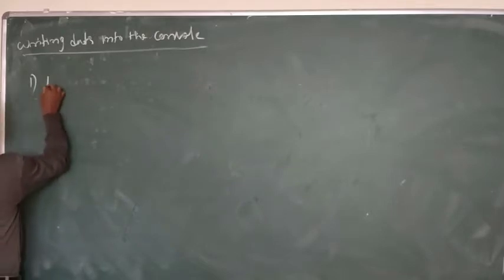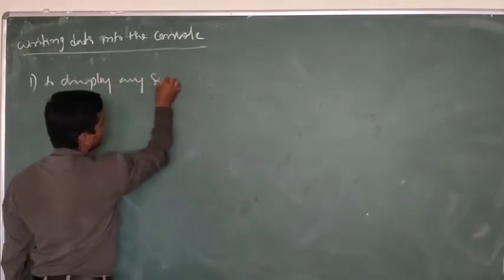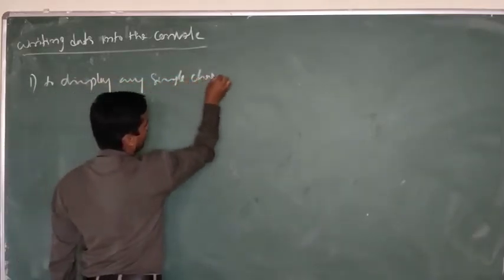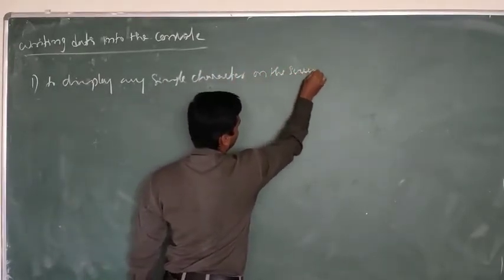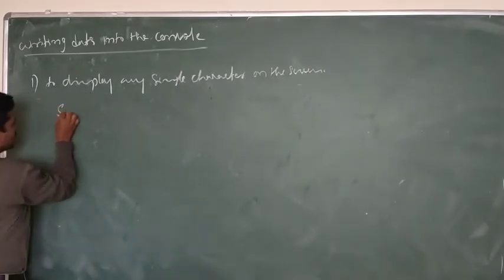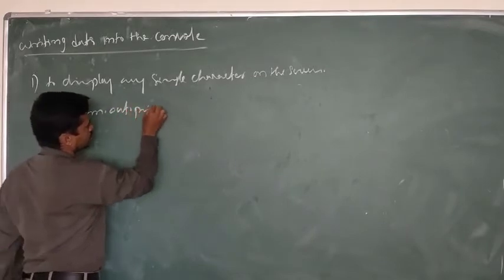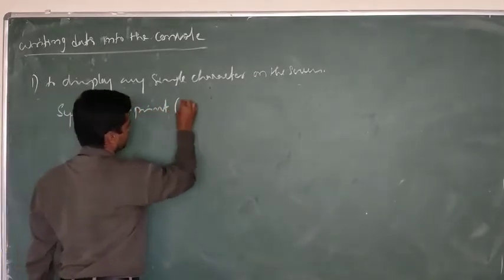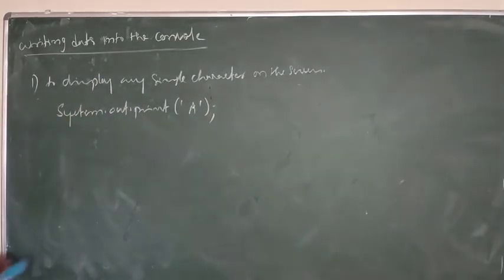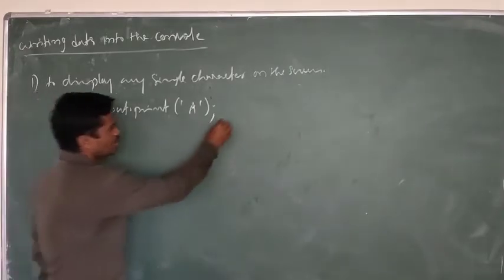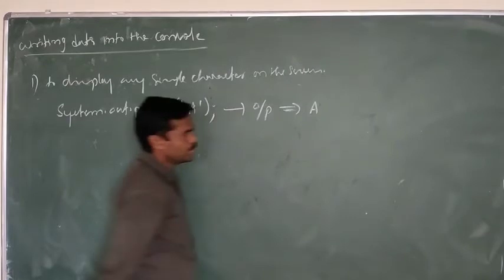For example, System.out.print('A'). Now what is the output for this? The character A will be displayed.